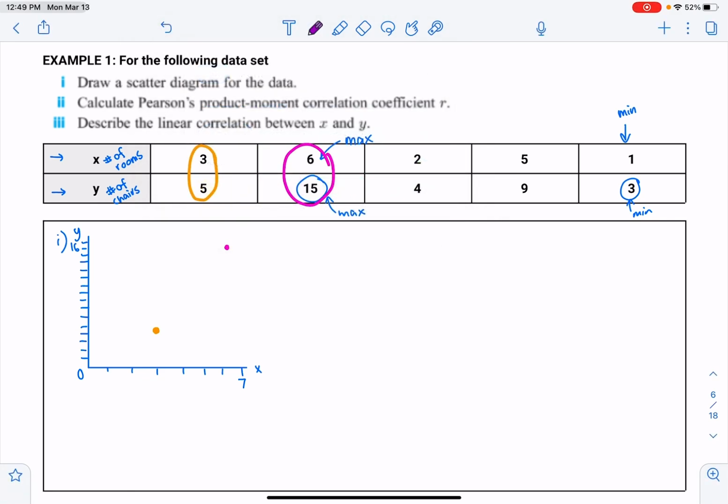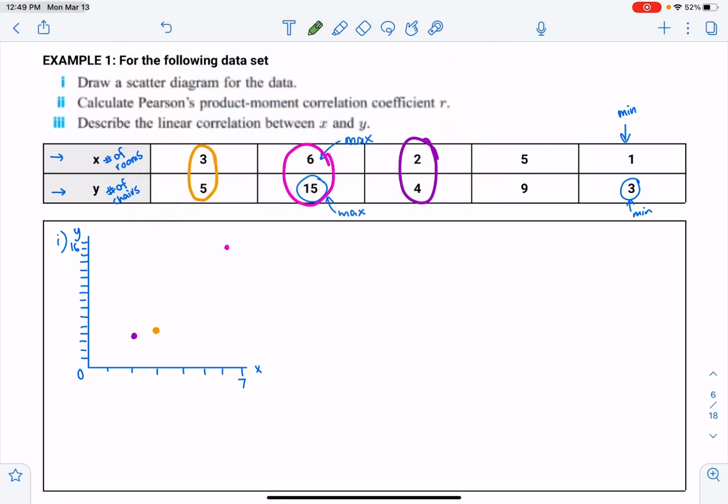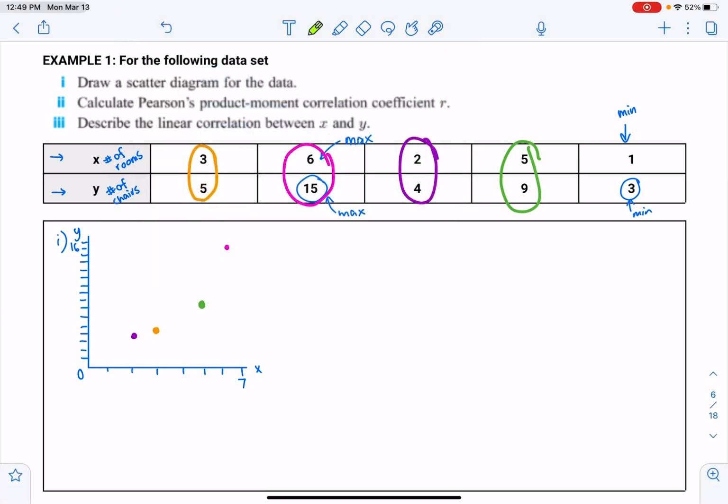We've got 2, 4. 2 on our x-axis, 4 on our y-axis. We've got 5, 9. 5 on our x-axis, 9 is right about there. And then finally, we have 1, 3. There we go.